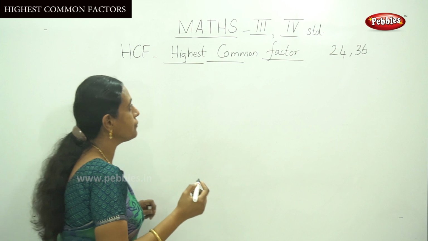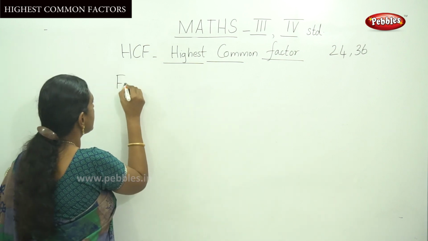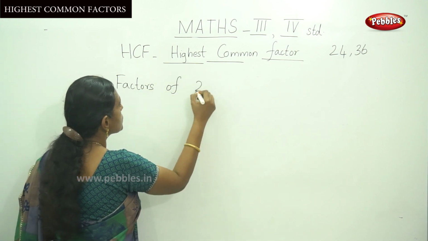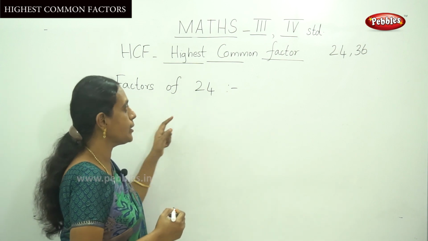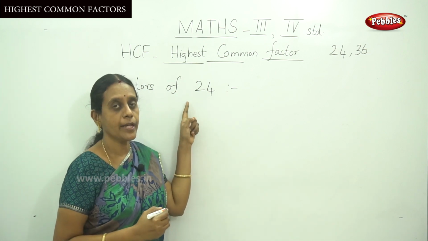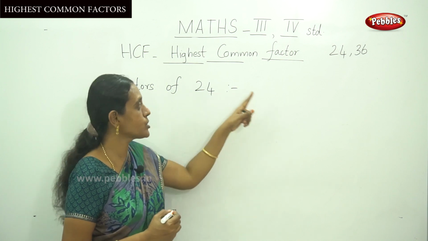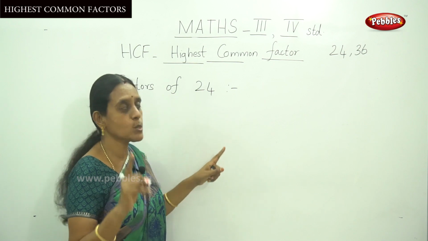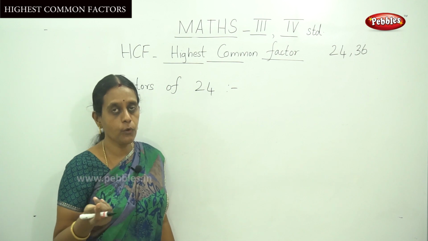First you have to find the factors of 24. Write down the factors of 24. Factors means you find which tables contain the product 24. First, the 1 table: 1 times 24 is 24.